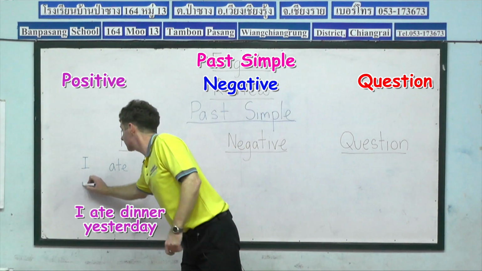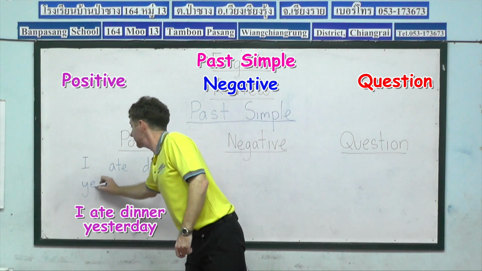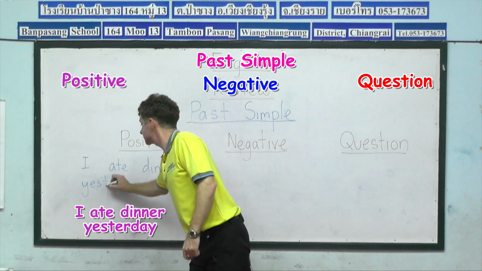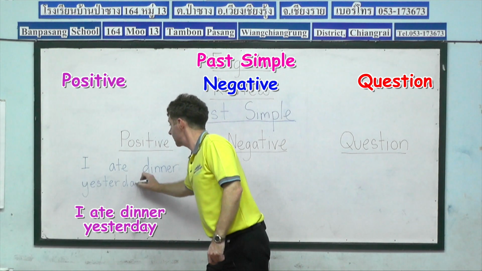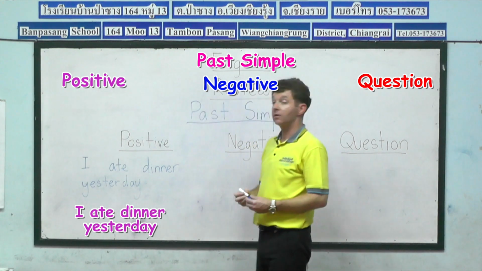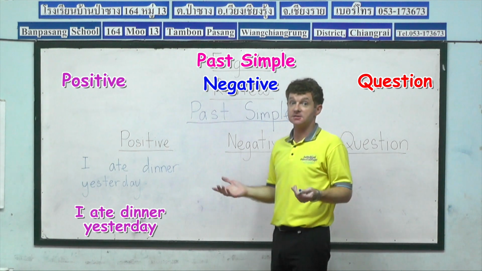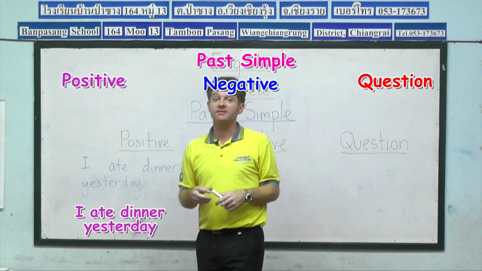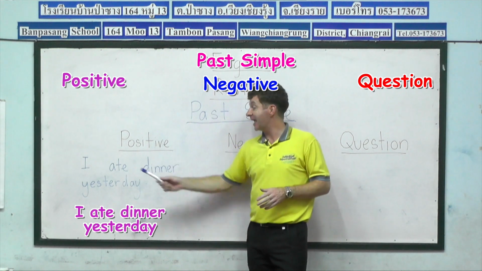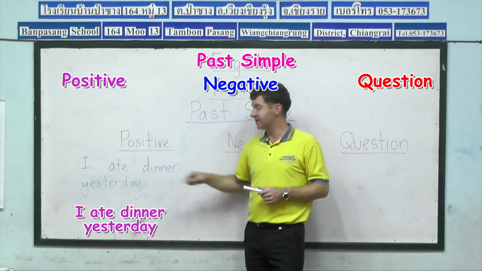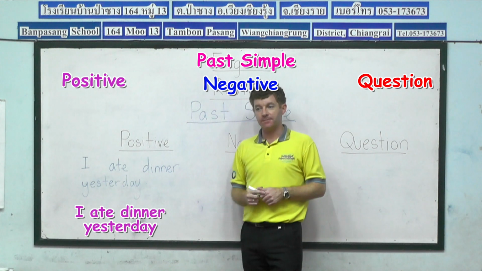How do we spell? Y-E-S-T-E-R-D-A-Y. So there's our positive phrase or sentence that we have been given. So altogether, I ate dinner yesterday.